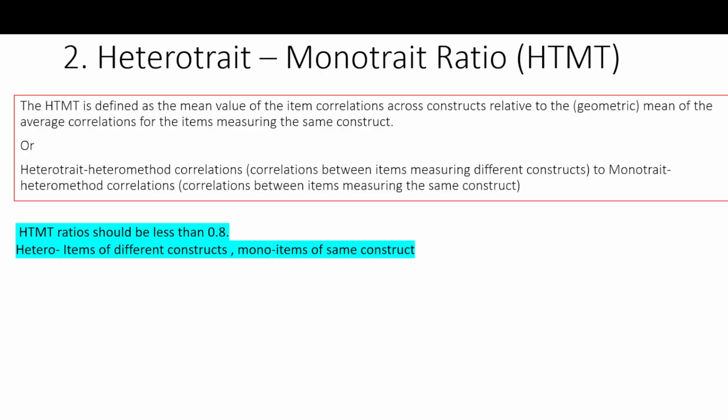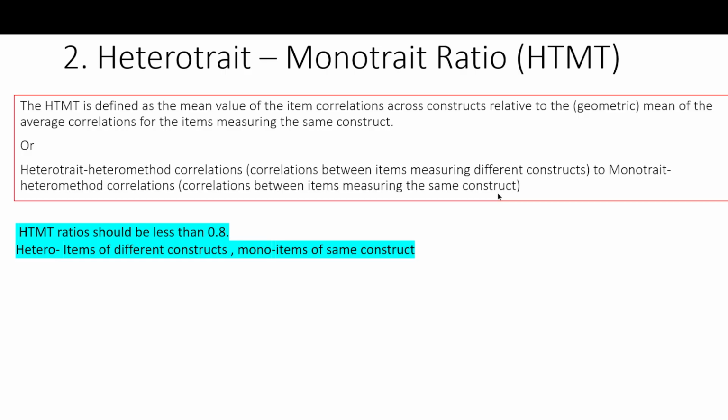In the previous video we discussed the Fornell-Larcker criteria, and now we are going to discuss the HTMT ratio, the Heterotrait-Monotrait ratio. HTMT is defined as the mean value of the item correlations across constructs relative to the mean of the average correlations for items measuring the same construct, or the heterotrait-heteromethod correlation between items measuring different constructs, to monotrait-heteromethod correlation between items measuring the same construct.